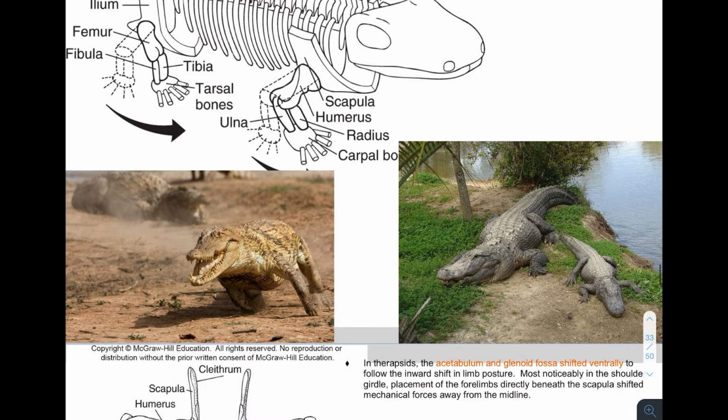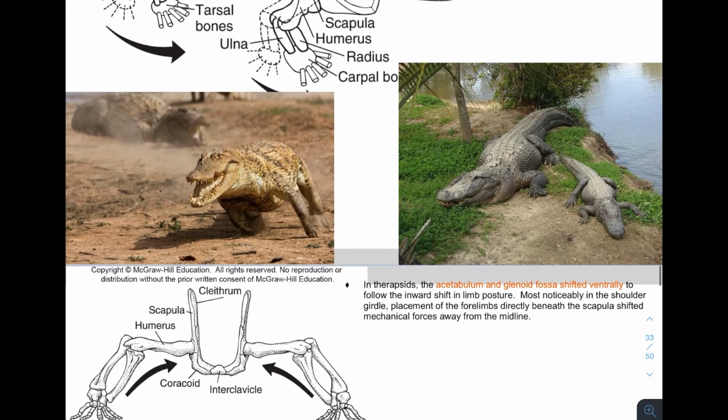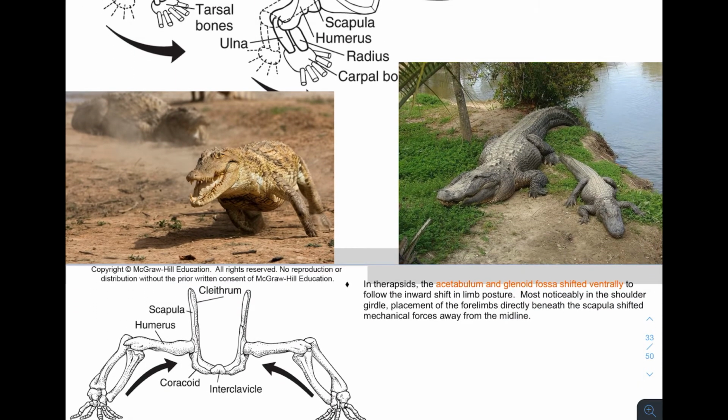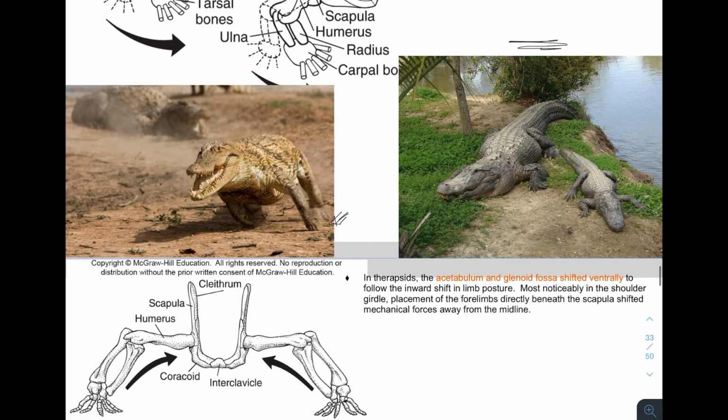So when you look at this picture on the right, you see these crocodilians resting with a sprawled out, classic reptilian appearance. But on the left, in this frightening photo, the limbs have clearly moved to the middle, and this, of course, is going to give that crocodile a much more efficient gait and efficiency of movement.